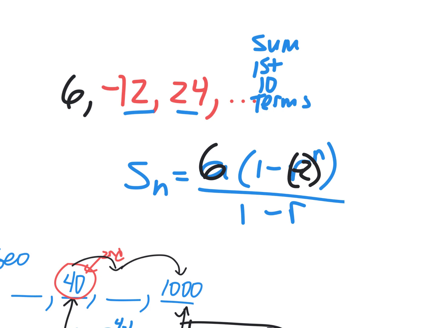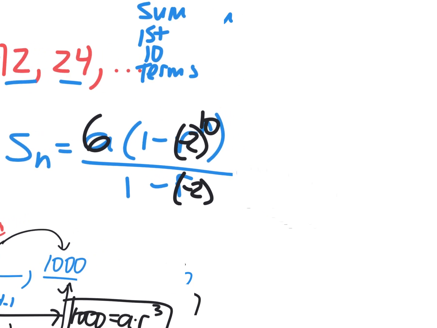To the n is the 10th term, so 10. Then I would go 6 times, I would definitely use the calculator for 1 minus -2 to the 10th. And I would have been careful with my parentheses too. And then on the bottom, I'd have 1 plus 2, which would be 3.